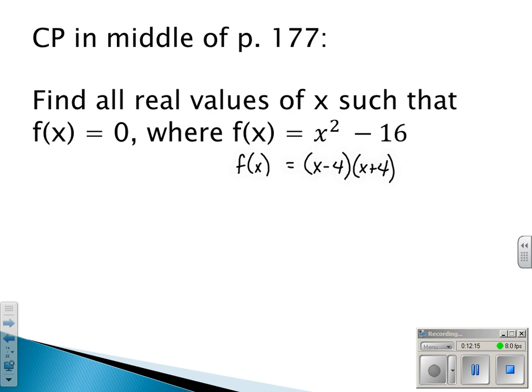So where would f of x end up equaling 0? Where x is going to equal 4 on this one, and negative 4 on the second one. Okay, so that's similar to some stuff we've been looking at relatively recently.